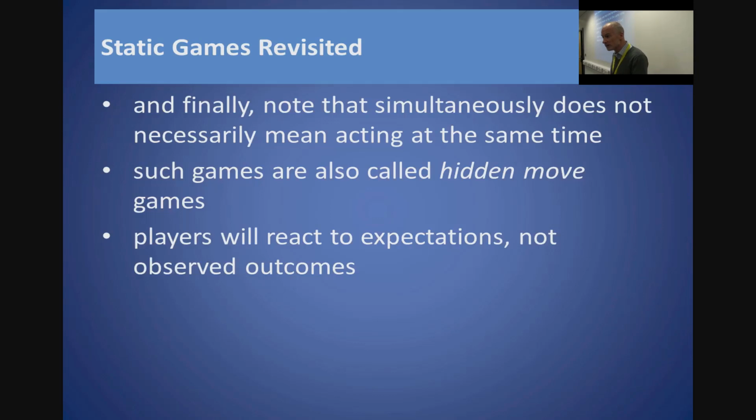Is he going to deny, or is he going to confess? These are expectations of what will happen, but they don't know for sure what the other player has done. So that's what we mean by a static game. It doesn't mean that they choose at exactly the same point in time. All it means is that the actions of the players are unknown to the other player before the game takes place. So that is our introduction to these static games.